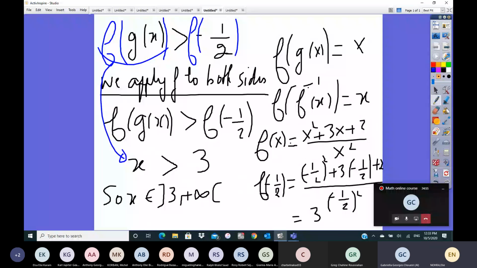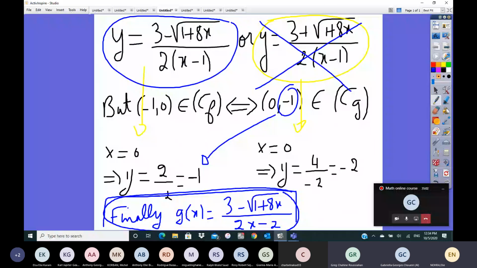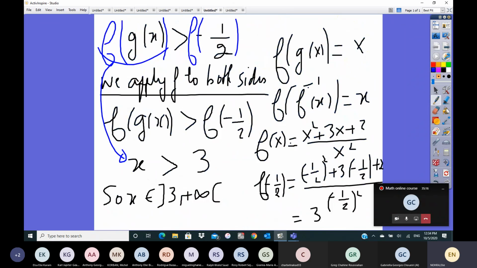Good. No need to remind you that if you solve g of x greater than minus half directly, you also get x greater than 3. But the objective is to solve it using this method.